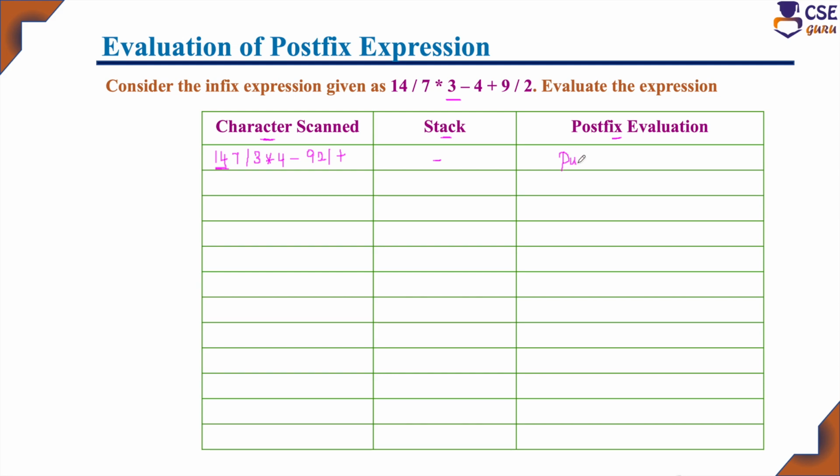So if it is an operand, already we know the algorithm. At the end of the infix expression, you have to add a closed parenthesis. This represents the end of the expression. While evaluating the expression, in each and every step, you are going to read one element. By the time you reach this closed parenthesis, it represents the end of the postfix expression, meaning our evaluation comes to an end.